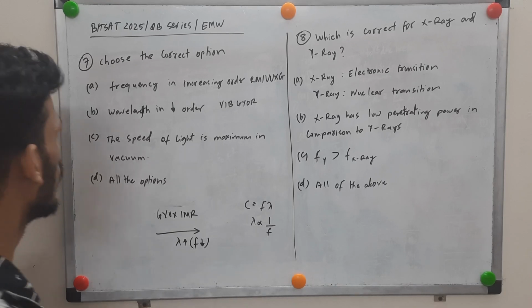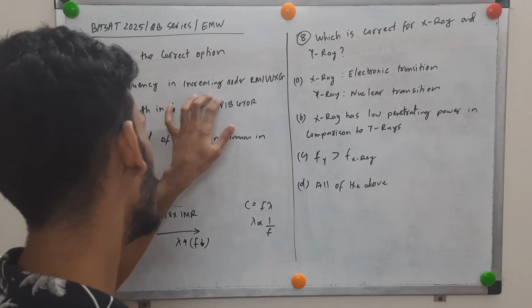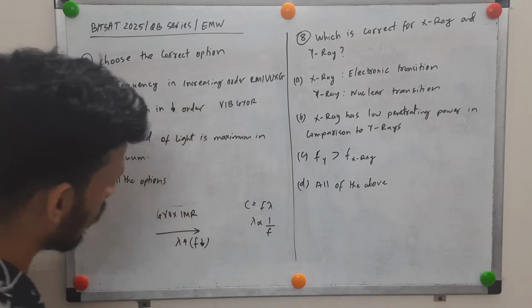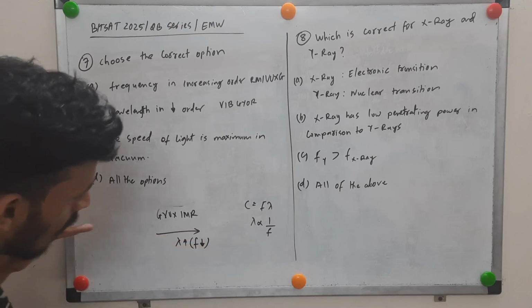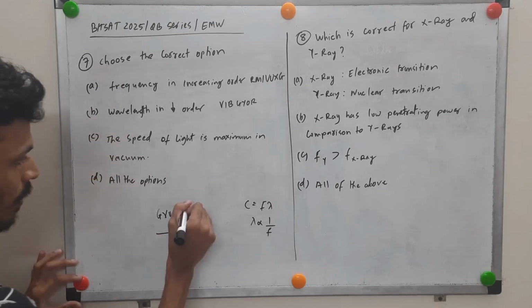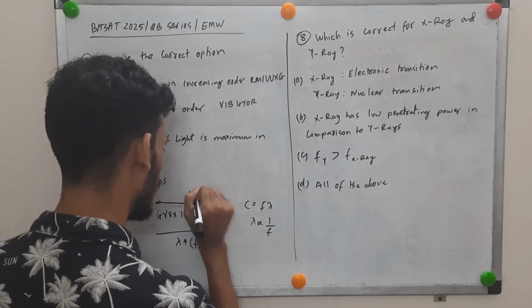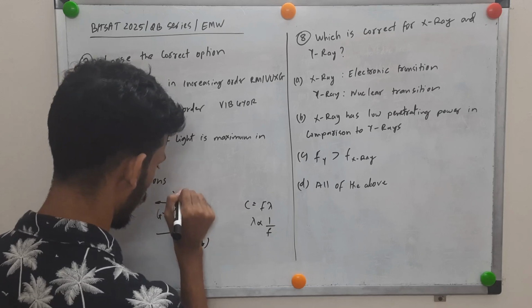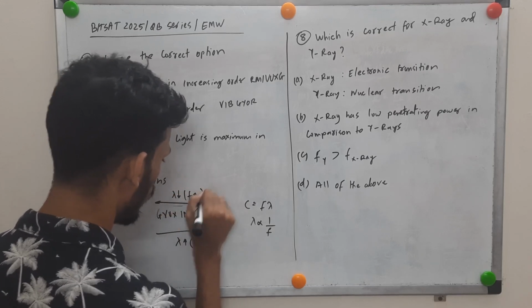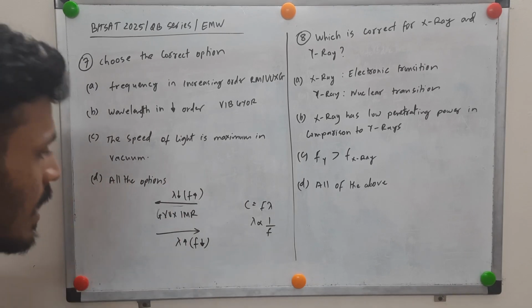So what are they saying? Frequency in increasing order is... So this is how frequency decreases. How will the frequency increase? This way, so frequency will increase and wavelength will decrease. You need to memorize this entirely.